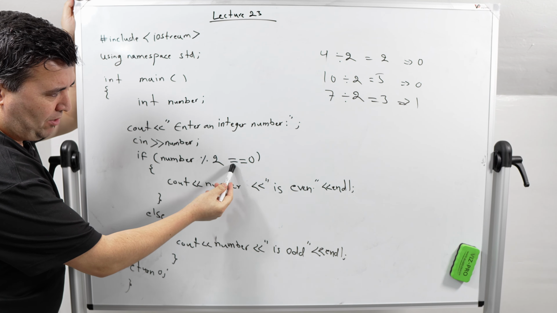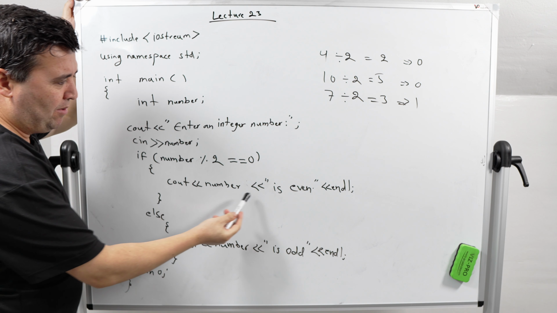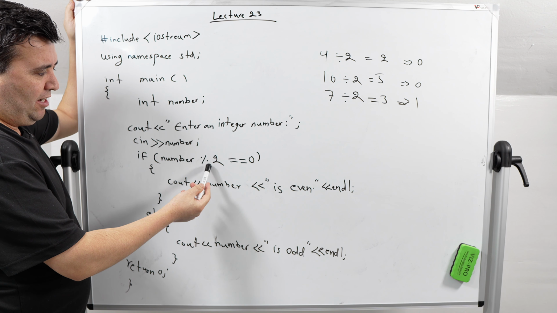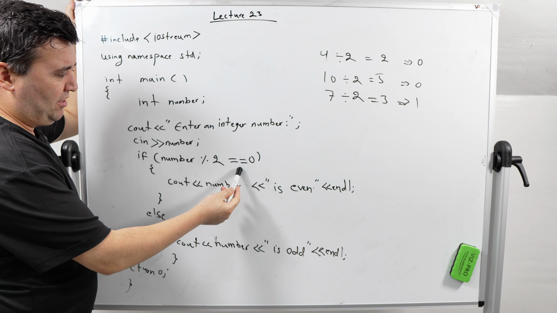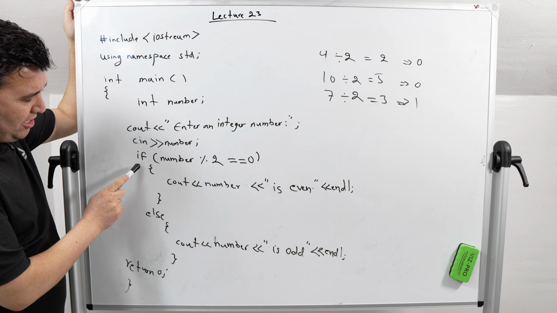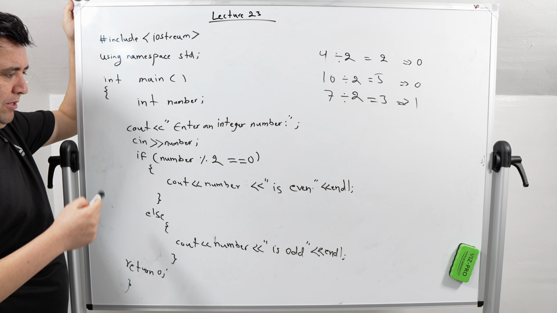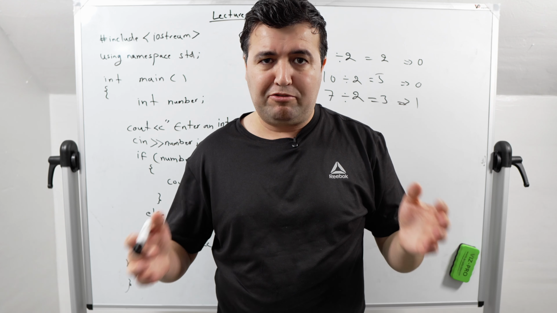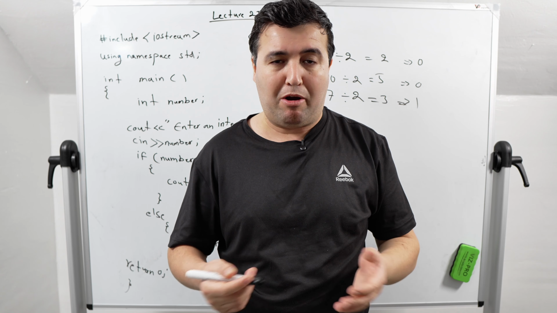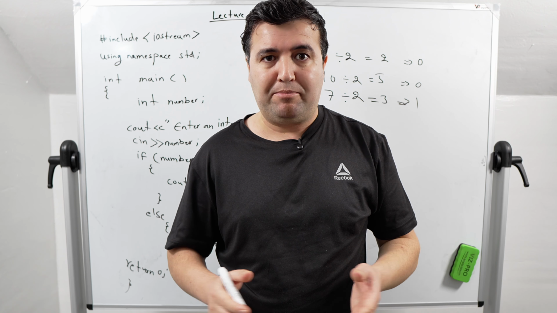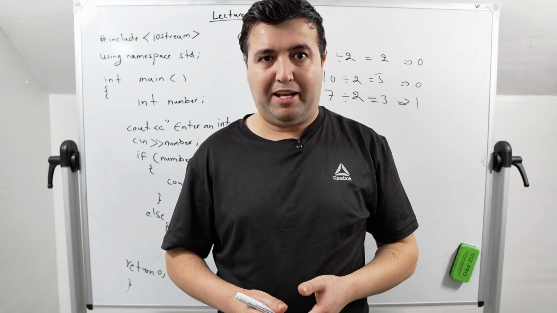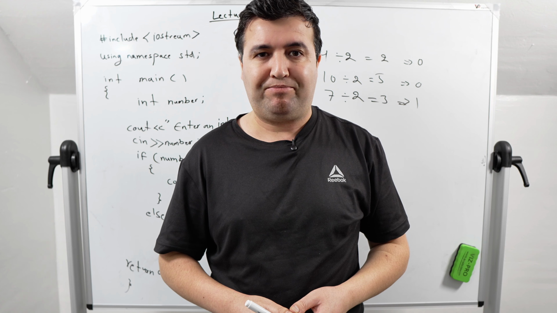If the remainder of the division by 2 is not equal to 0, that number is odd. So this was another example of using if-else statements in C++. It's time to go to our computer and write, compile and run this program.